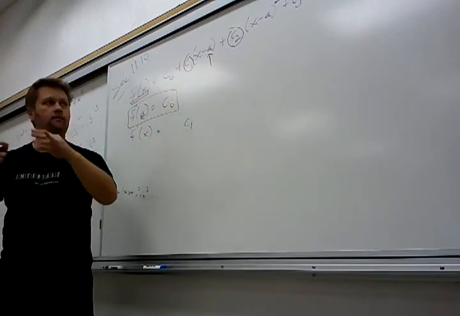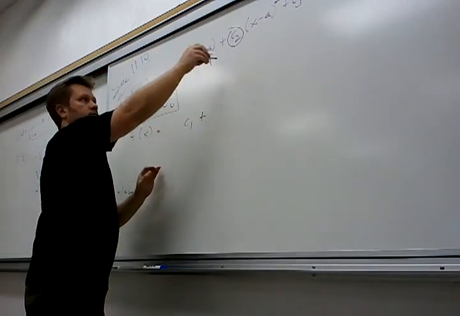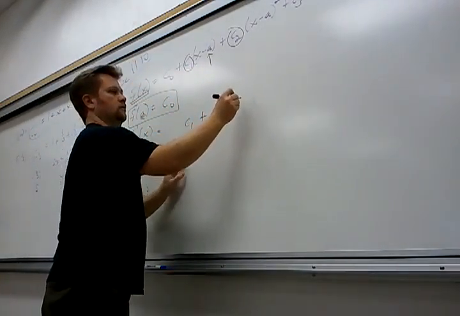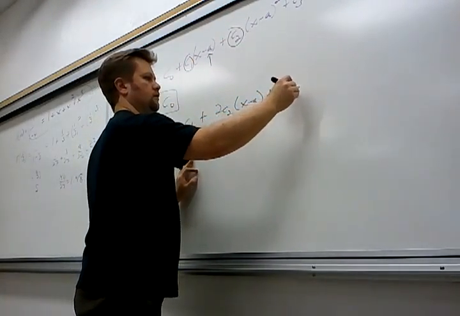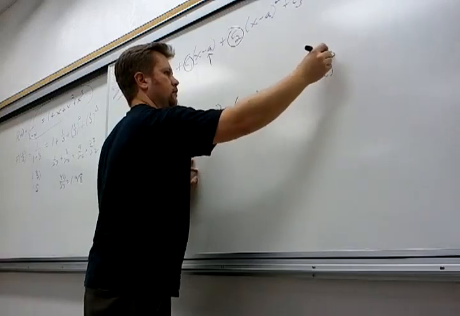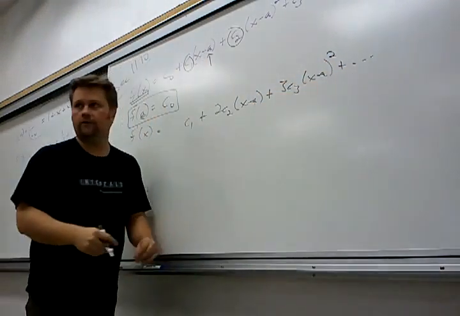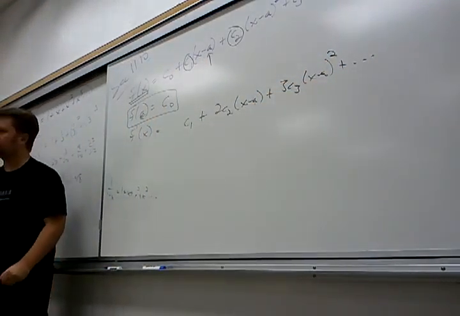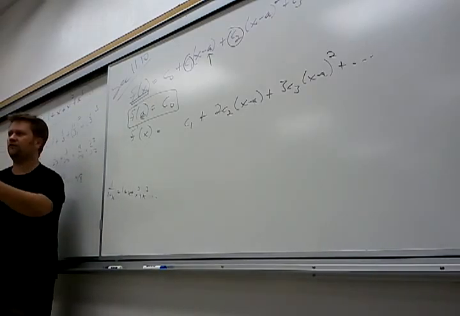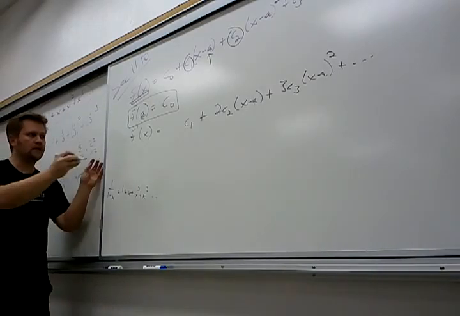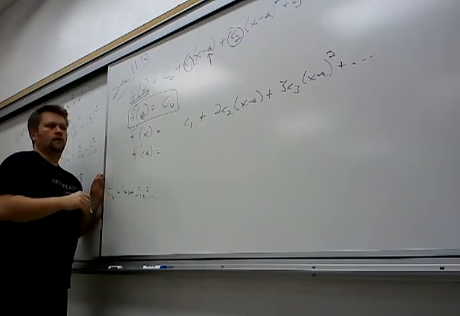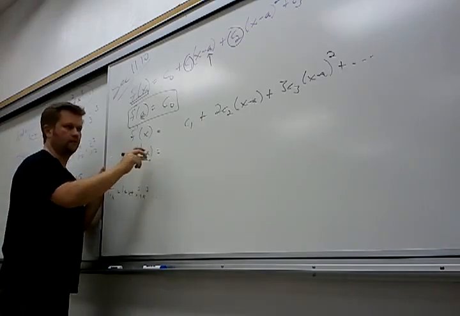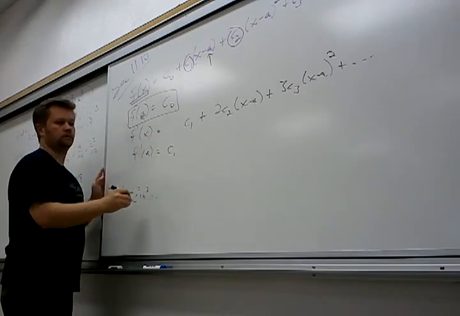So it's C1 plus 2C2 times (x minus a) plus 3C3 times (x minus a) squared, forever. Now notice what I've done. This happens a lot in math, where I just shift things over. Now what's f prime of a? f prime of a must equal C1.